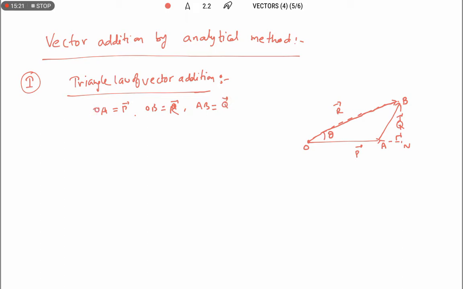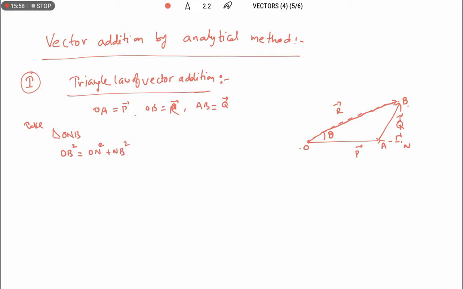Right. Let us take right angle triangle ONB. Take right angle triangle ONB. So in this right angle triangle ONB, we can write OB square is equal to ON square plus NB square.